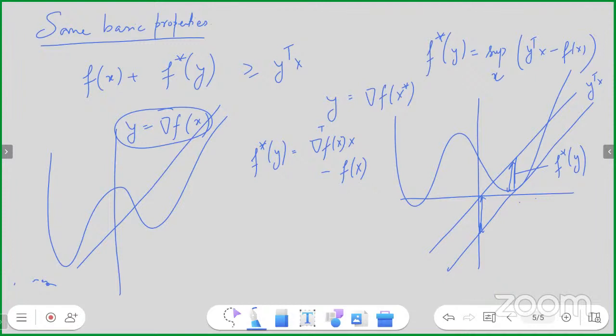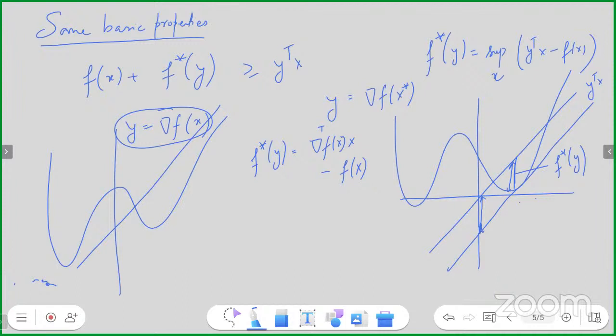When you start multiplying the gradient with x, that line, g of x equal to y transpose x, has slope gradient of f. Fine. So that line is parallel to the tangent of the curve at this value of x.